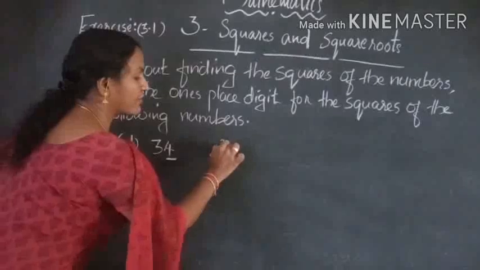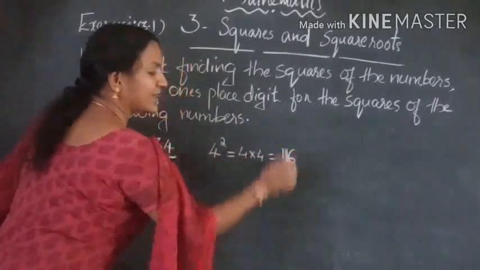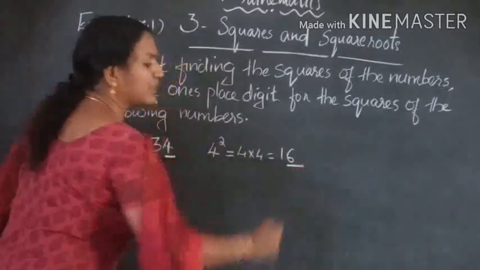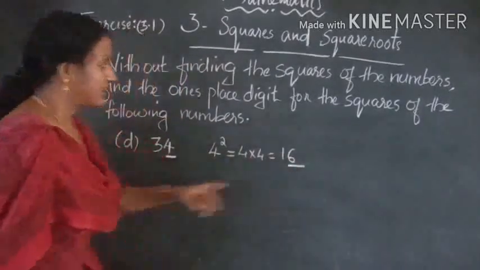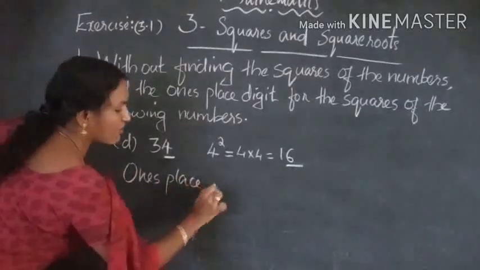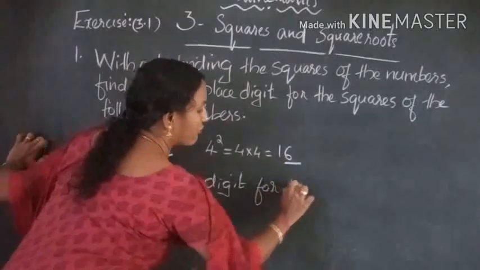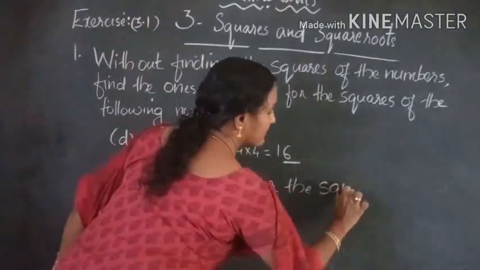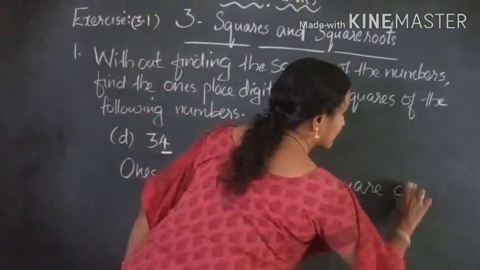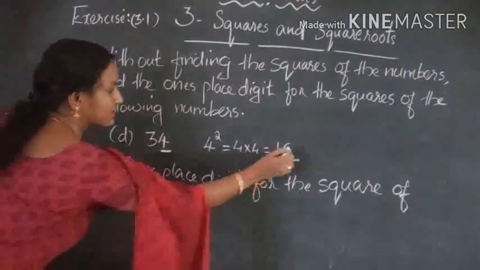So the square of 4 is 4 into 4, 16. In 16, the digit in the unit place is 6. So the ones place digit for the square of 34 is 6.